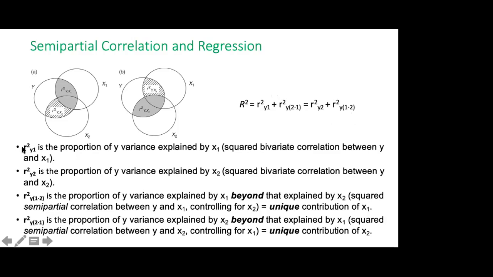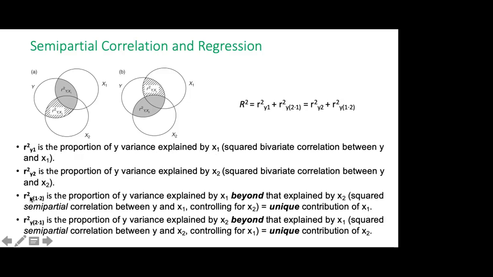And so the squared univariate correlation between outcome and predictor is simply the proportion of y variance, of outcome variance, that is explained by the first predictor. The squared correlation between outcome and second predictor is the proportion of the variance in y that is explained by the second predictor, again ignoring the first one.